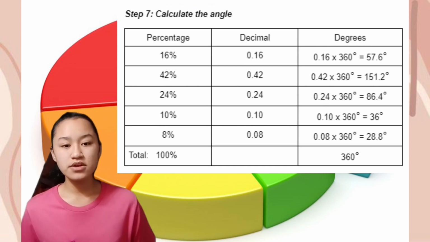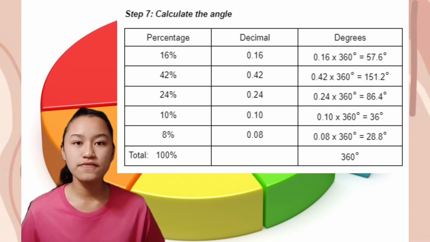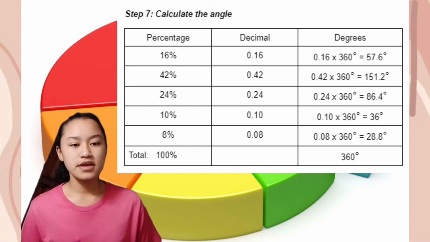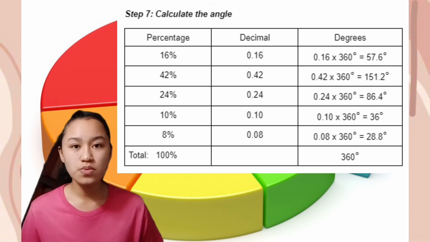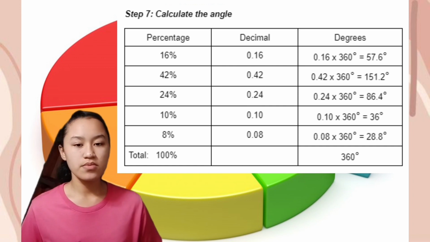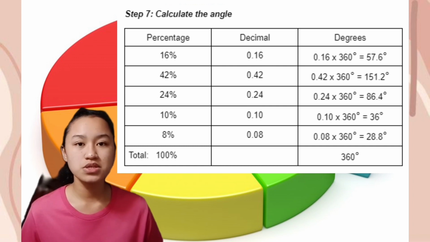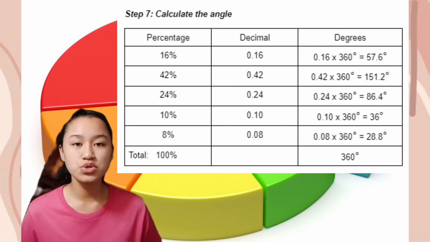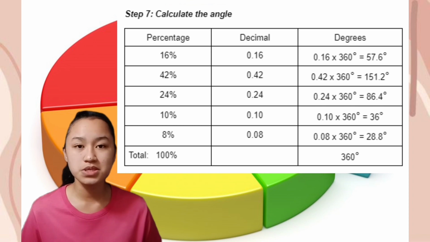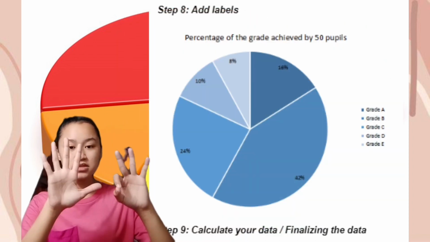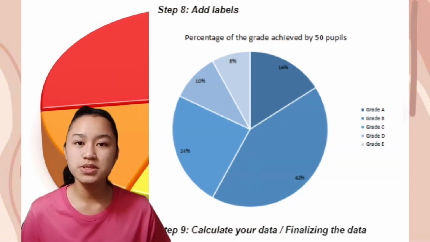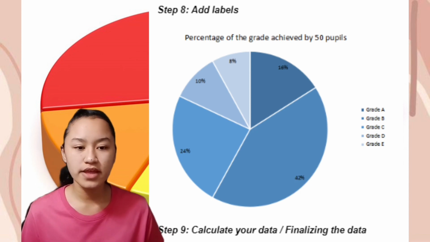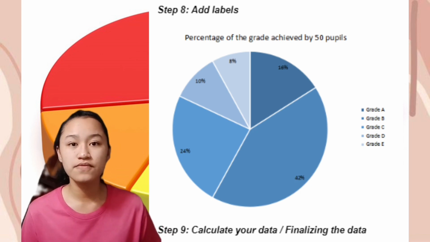For example, here we got the percentage of 16% and converted it into 0.16 and then multiplied it by 360 degrees. We now got the final answer, which is 57.6 degrees. Step 8. Now that our computation is accurate and complete, we will now add it in our pie chart and finalize it.